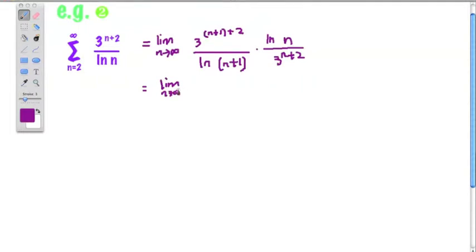Okay, so we just rearrange it and make it simpler, and then times ln n over ln n plus 1. After that, we can cancel out.